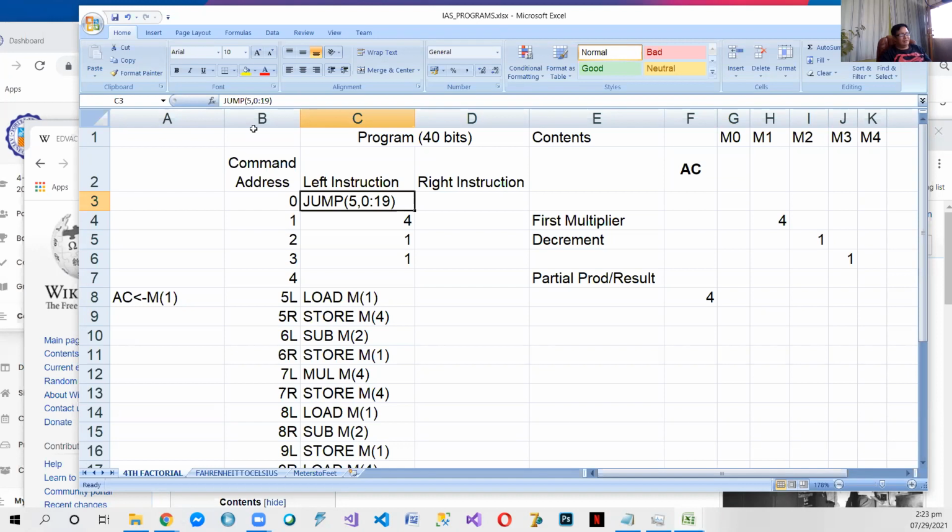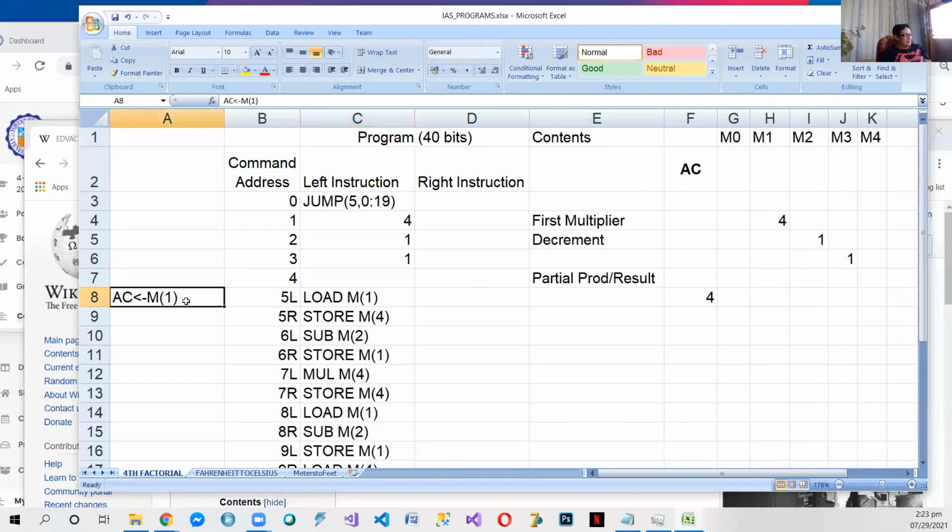Kasi hindi naman niya pwedeng sabihin jump left because there's no jump left. Jump right, there's no jump right. There's only jump to an address. Do you follow? When you say jump, jump to an address. Okay? That's why to specify a left, you have to have 0 to 19. To specify a right, you need to have 20 to 39. Okay?